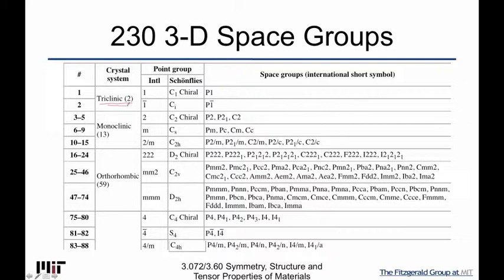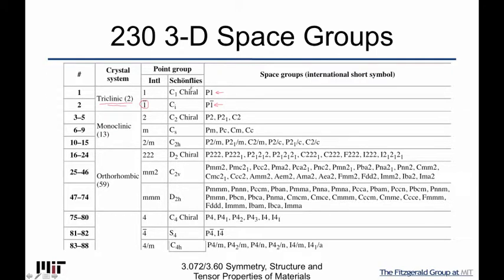However, you could have a motif hanging off the lattice point with one simple symmetry element, which is an inversion center. And so there are two choices, the P1, which is the simplest of everything, or the P with an inversion center. So that hopefully gets you situated here.